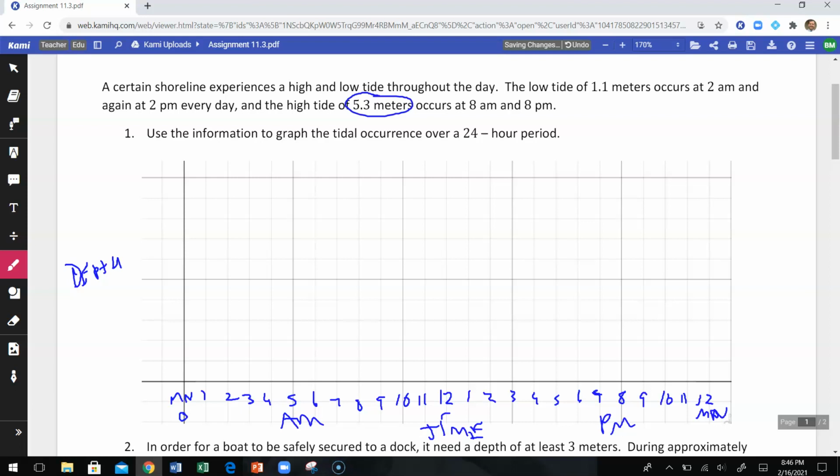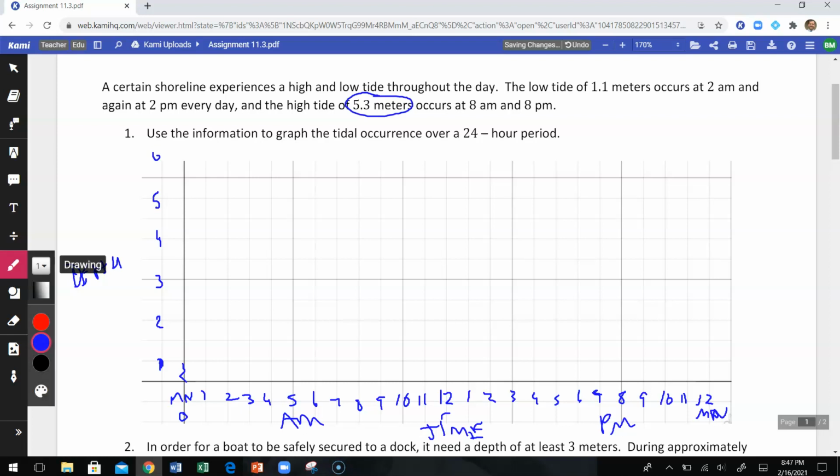I'm going to do a little bit of a break in the graph. I'm going to start at 1 here, and then make every 2 boxes a meter from there. So if that's 1 meter, here is 2, 3, 4, 5, and then 6 would be way up here at the top. I can do that if I put in a break, so the first initial distance can be a little bit different.